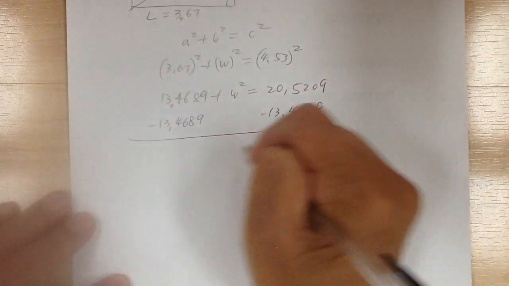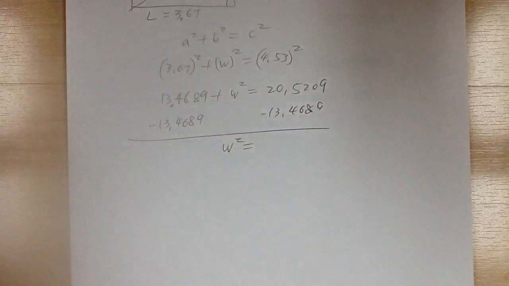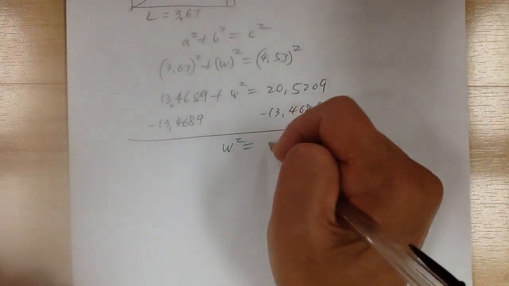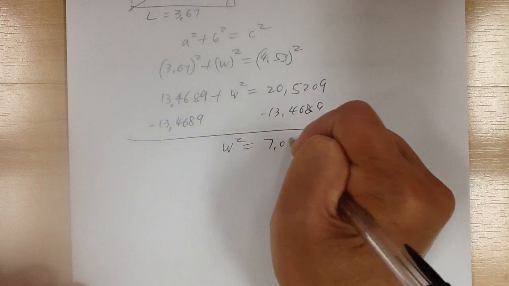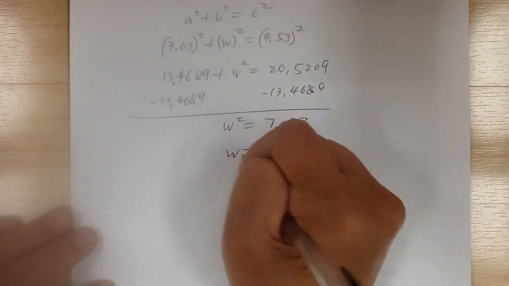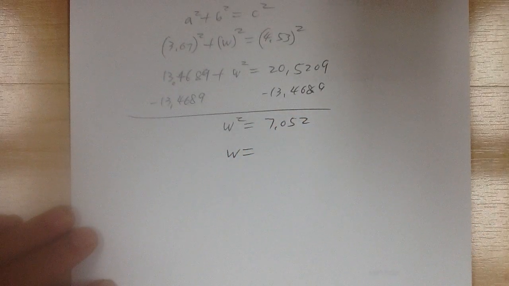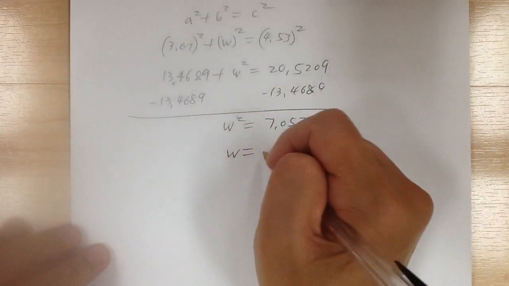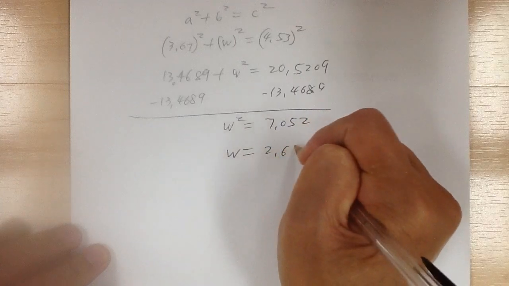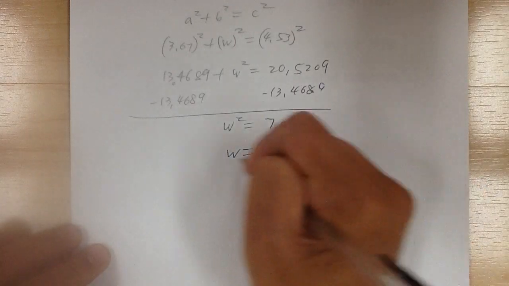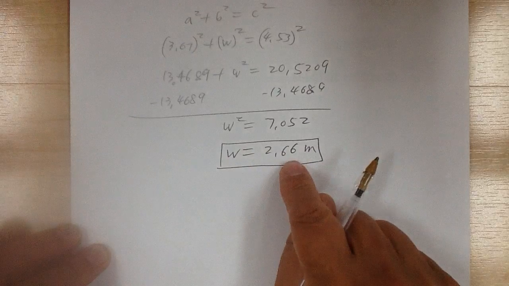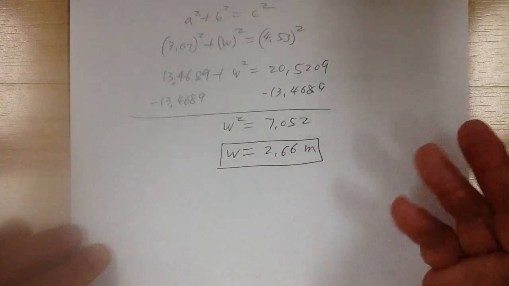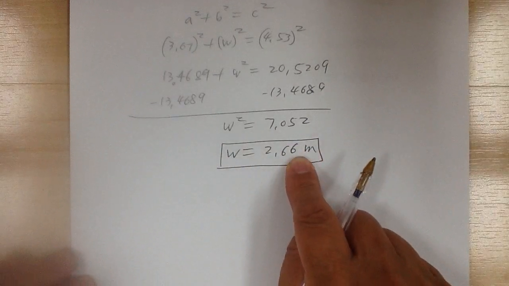So you got w squared equal to 7.052. Then you take the square root of that. And so you round it off, you get 2.66 meters. Okay. It's 2.65555 something, and you round off to 2 decimal places. Okay.